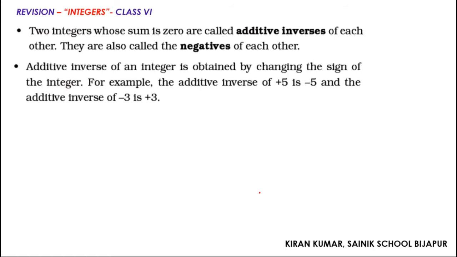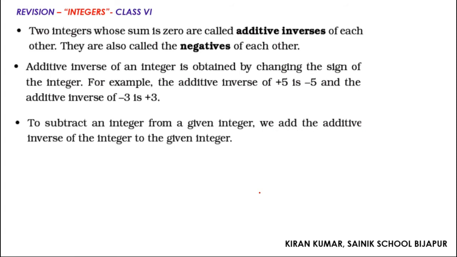Additive inverse of an integer is obtained by changing the sign of the integer. I gave the example of positive 5 and negative 5. Same is the case with positive 3 and negative 3 or any number like that. To subtract an integer from a given integer, we add the additive inverse of the integer to the given integer.